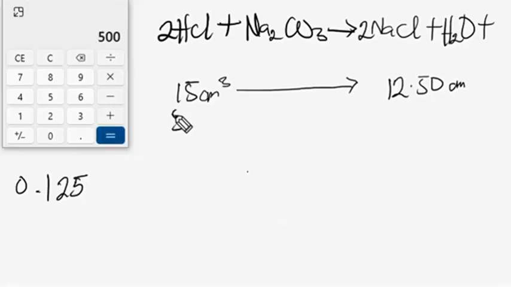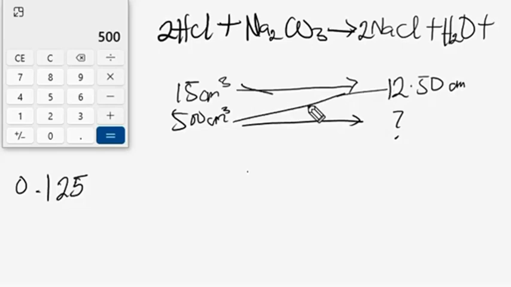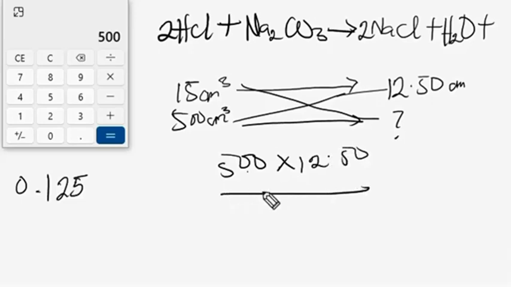So we'll simply say 500 cm cube that was actually used in the preparation requires what? So here we'll cross multiply, and then we'll have 500 cm cube times 12.50 over 15 cm cube.